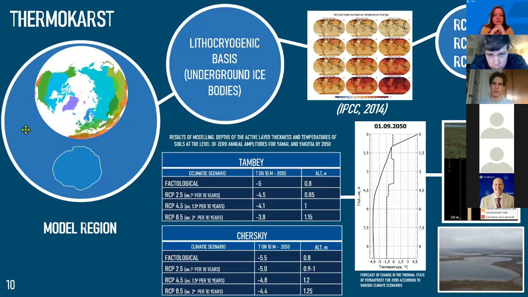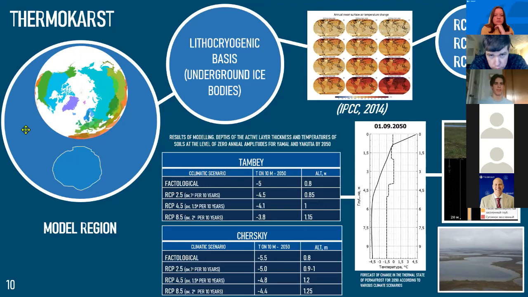We can see that the temperature at 10 meters, the temperature at the zero amplitude, changes, but active layer thickness increases only by 50%. So if the ice body lies at 2 meters, the thermokarst will not occur there, even if we apply RCP 8.5, the worst scenario.